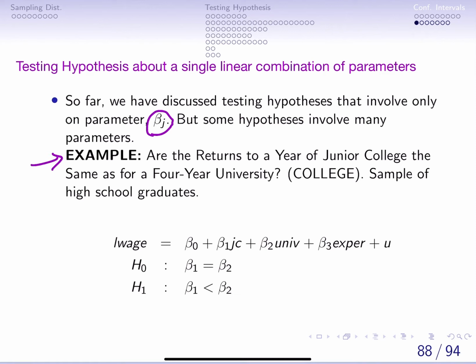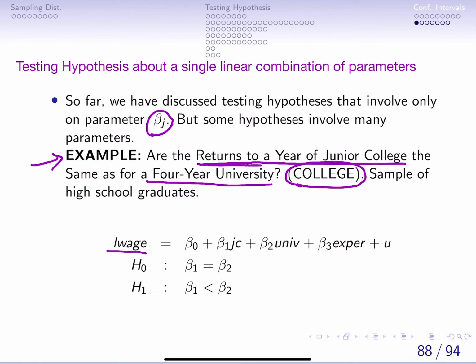Let's say we're interested in learning about the returns to education and really distinguishing between the returns to a year of attending junior college versus the returns to a year at a four-year university. Say we have a sample of high school graduates, coming from this data set called college, where we are trying to estimate the returns.